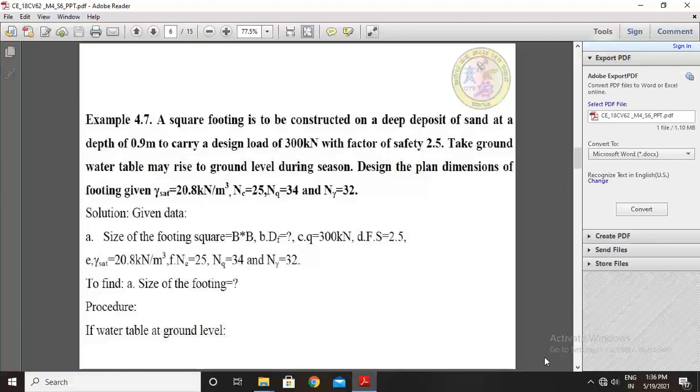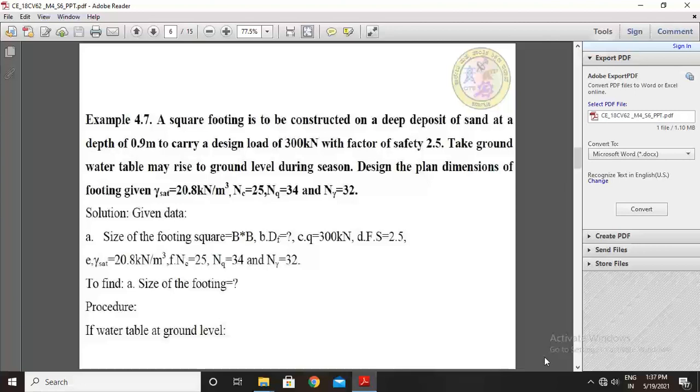Design the plan dimensions of the footing, given gamma saturated equal to 20.8 kilonewton per meter cube, NC equal to 25, NQ equal to 34 and N gamma equal to 32. So here Terzaghi's bearing capacity factors are also given. In this problem, the dimension of the footing is required.